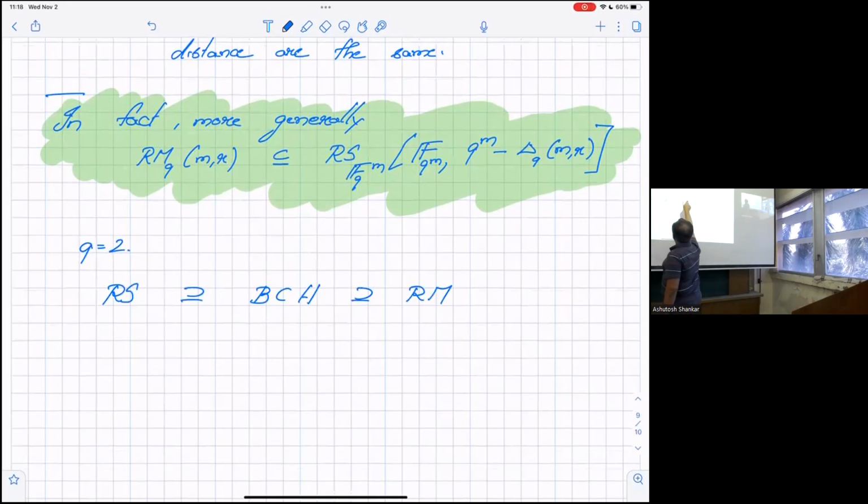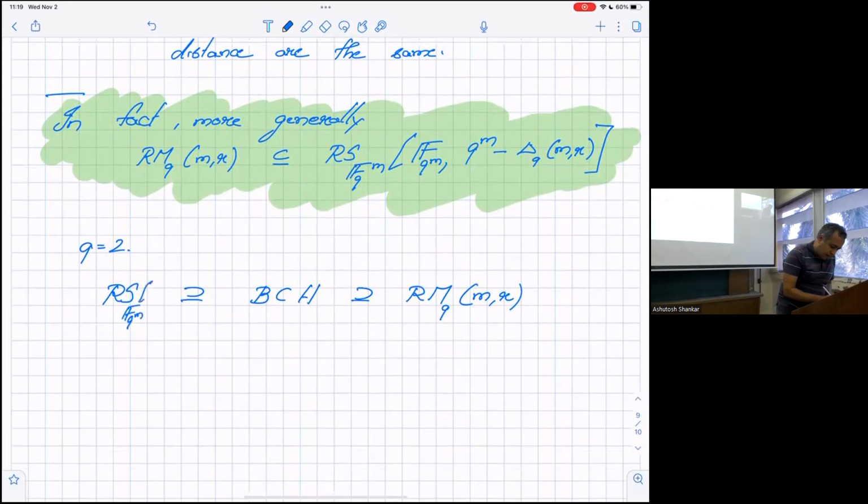I choose the Reed-Muller code over here. This is RM_Q(m, r): F_Q to the m, and the appropriate degree parameter. And BCH is exactly this Reed-Solomon intersection F_Q to the m.